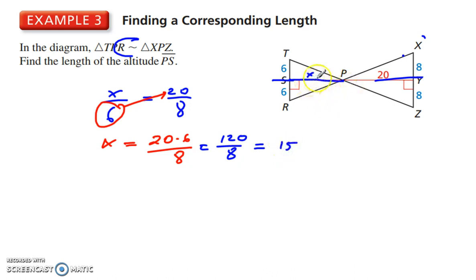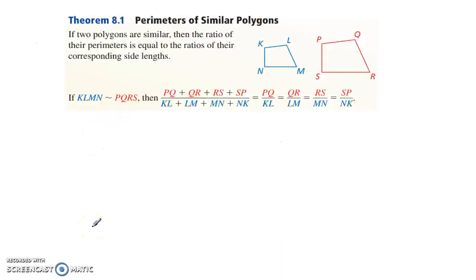So this altitude right here is 15. Just like that. Now, the book will show you a slightly different method. They went ahead and found the scale factor between the two, and then they multiplied this side by the scale factor. That's another way of doing it, but whichever way works best for you, pick your favorite.